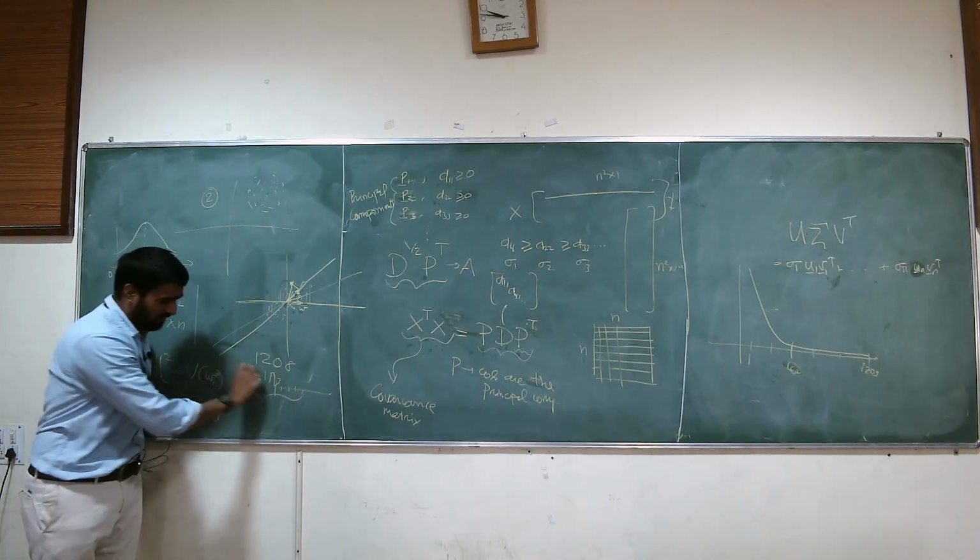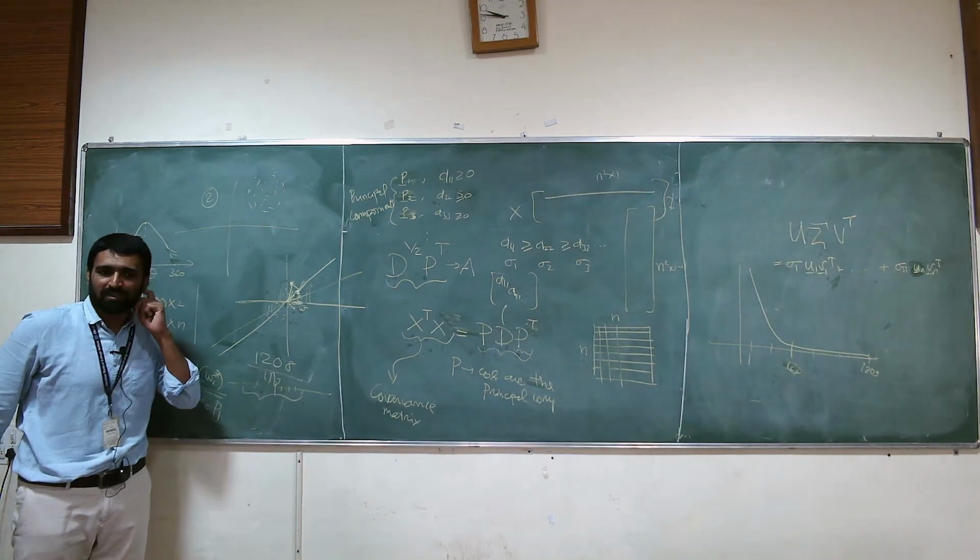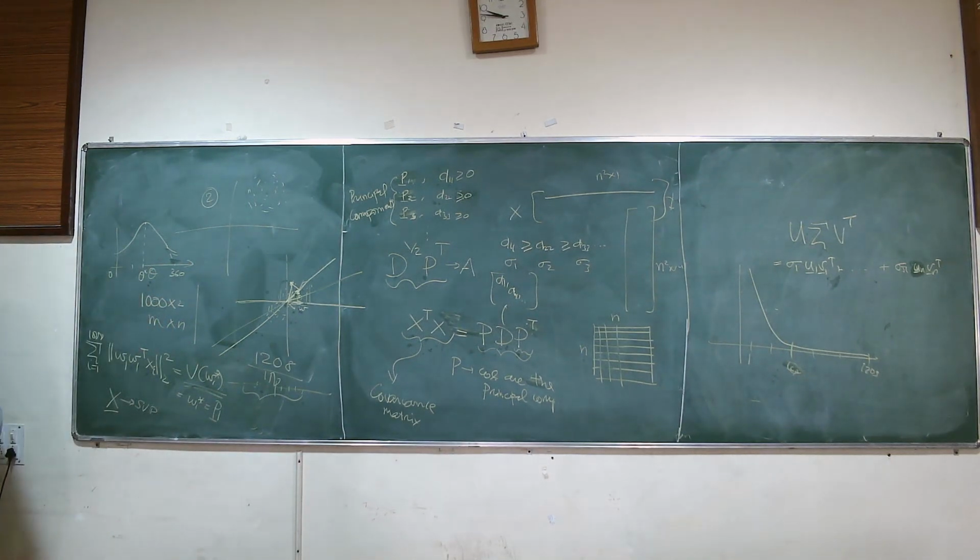That means you've already lowered your requirements by 10. So another application of SVD is essentially for compression of your data.